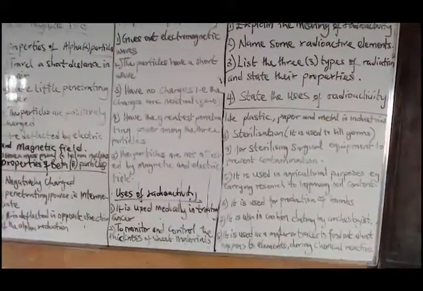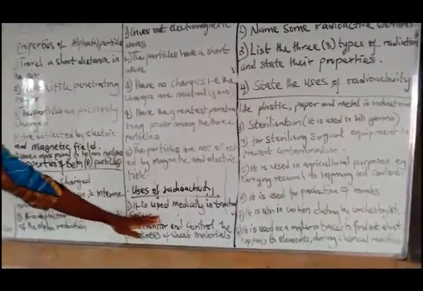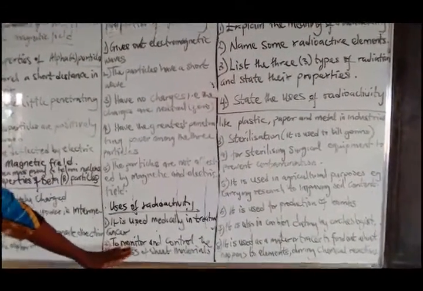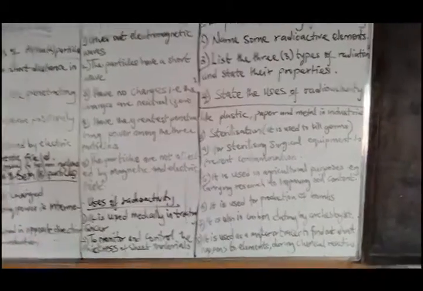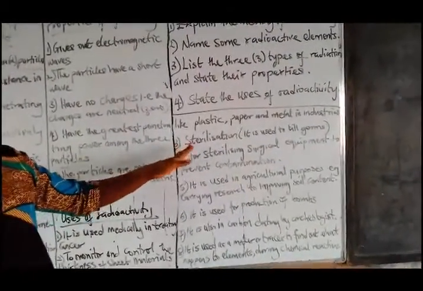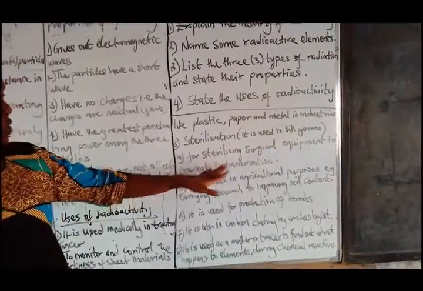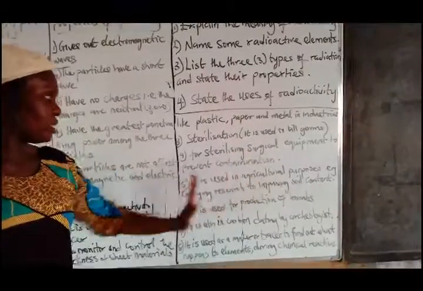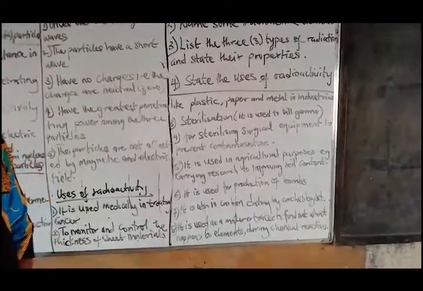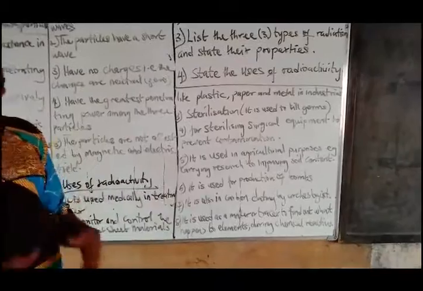Now we'll go to the uses of radioactivity. The uses: 1, it is used medically in treating cancer. 2, it is used to monitor and control the thickness of sheet materials used in industries. 3, it is used for sterilization. That means to kill germs, and also for sterilizing surgical equipment in hospitals. 4, it is also used in agriculture for improving soil content. 5, it is used for production of bombs.